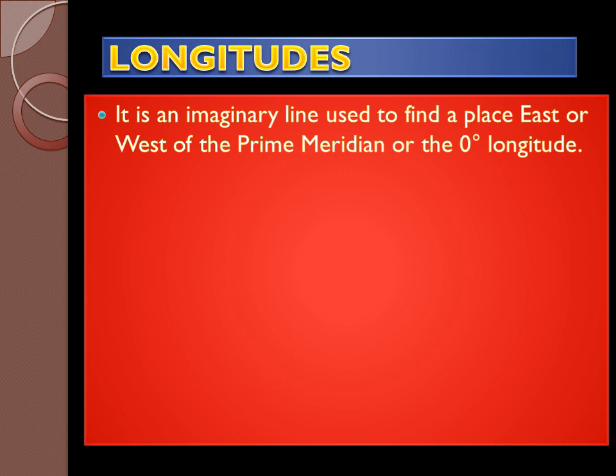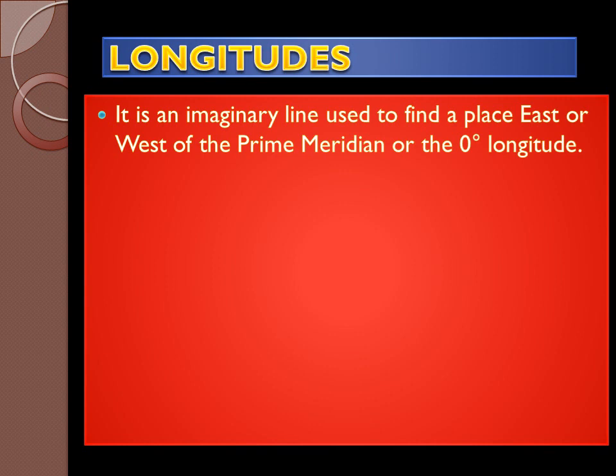Now like we have equator on the 0°, 0° equator is the largest and important latitude which divides the earth into two equal parts. The same way we have 0° longitude, which is prime meridian.